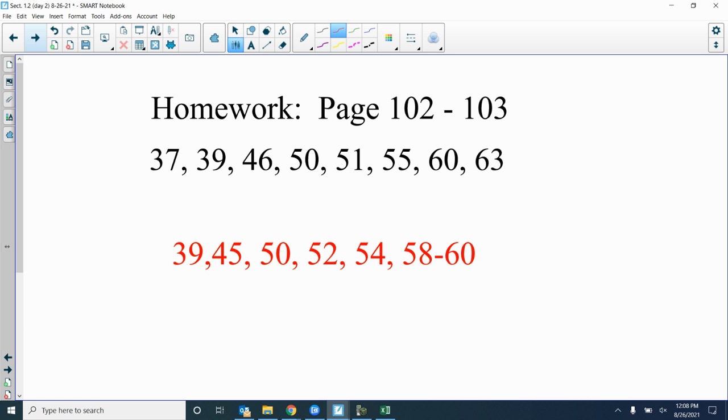I'm not going to make you do one or the other. But if you want a little bit more of a challenge, go ahead and do the ones in the red, 1 through 8. And then I'm going to pull some of you back here to do some book covering.